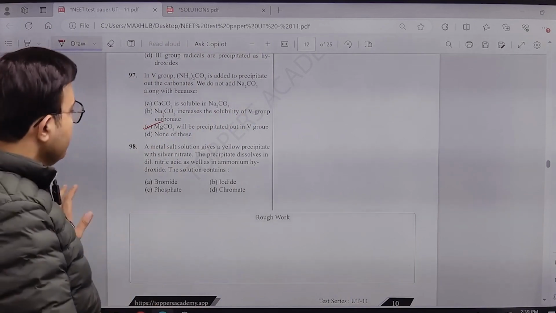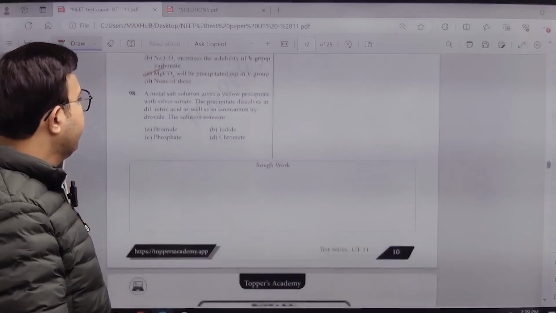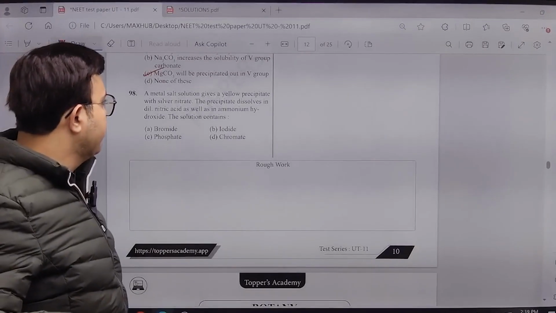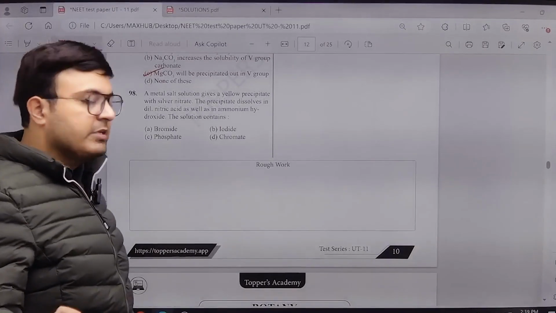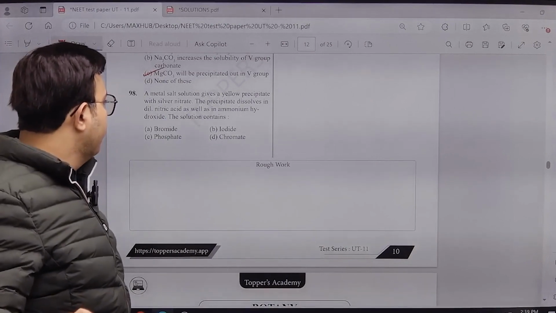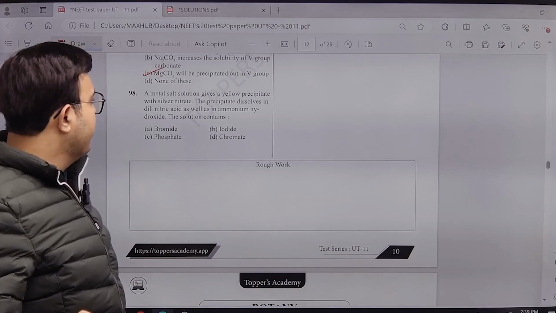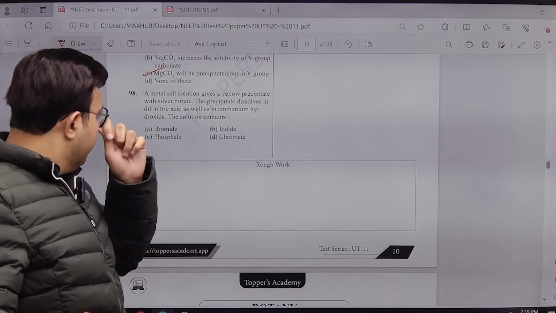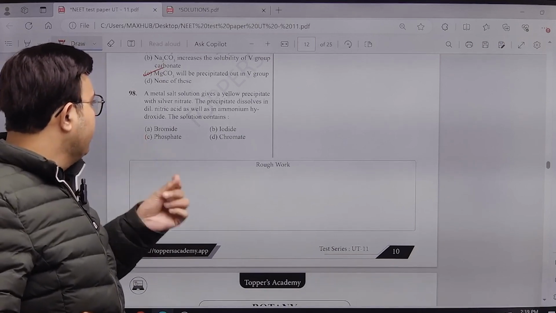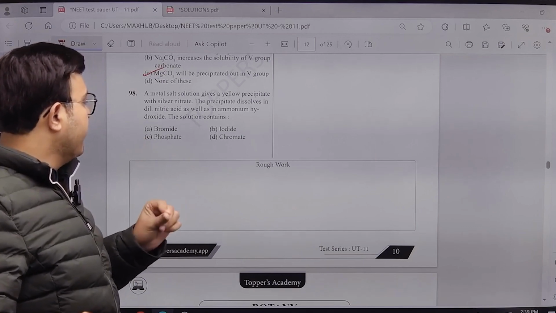Okay, we'll move to question 98. A metal salt solution gives a yellow precipitate with silver nitrate solution. The precipitate dissolves in dilute nitric acid as well as ammonium hydroxide.